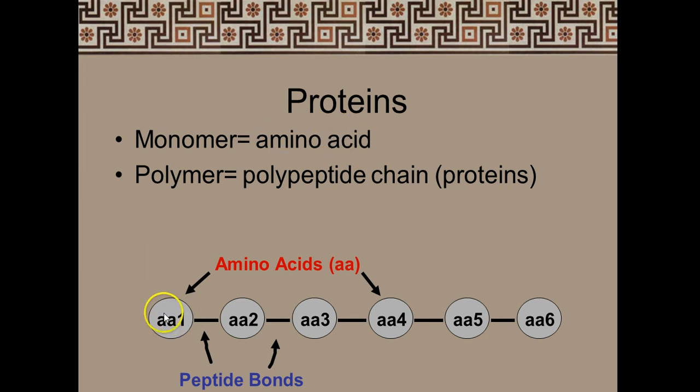And here we have an amino acid. And a polymer would be a polypeptide chain, poly meaning many. And that's just a fancy word for proteins, because these amino acids are linked by something called peptide bonds. And linking many of them together, we get a polypeptide chain, many peptides linked together.